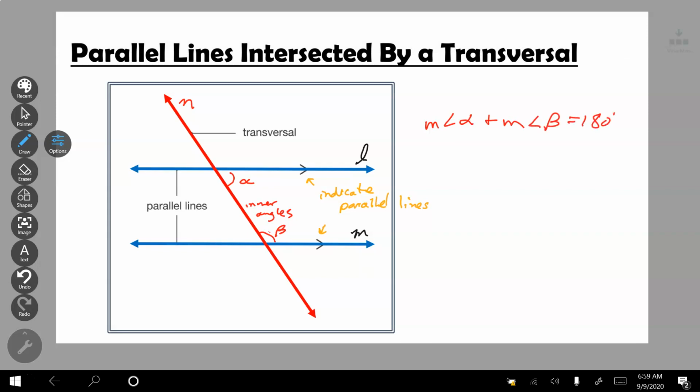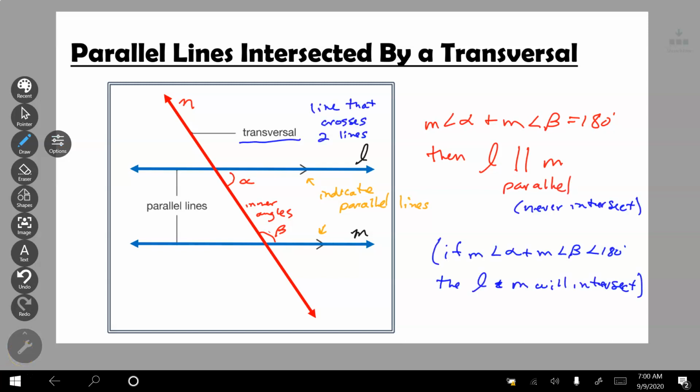The sum of those two inner angles is equal to 180 degrees because line L is parallel to line M. This little symbol means parallel.